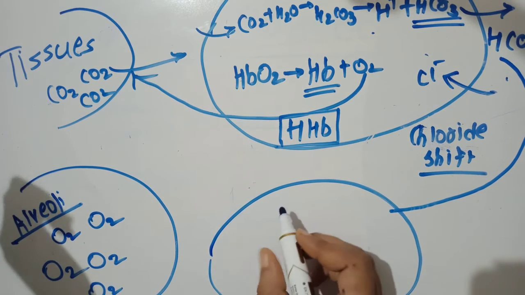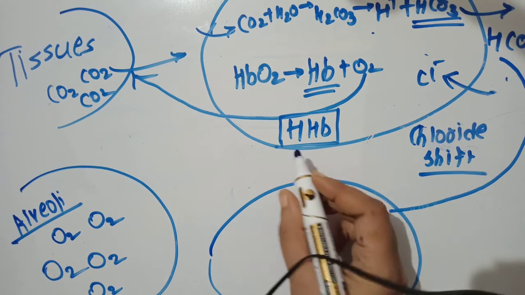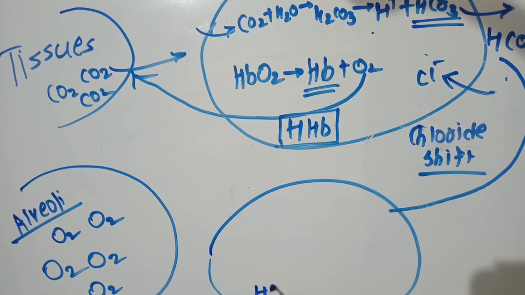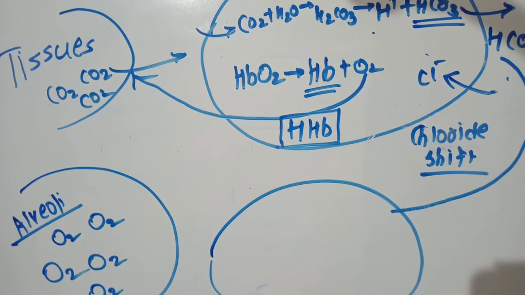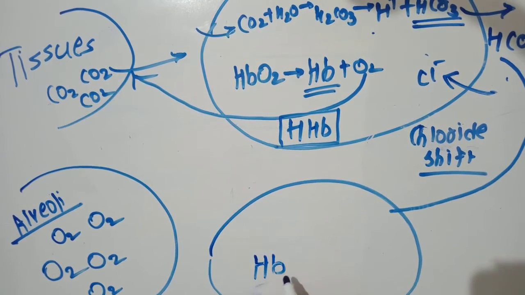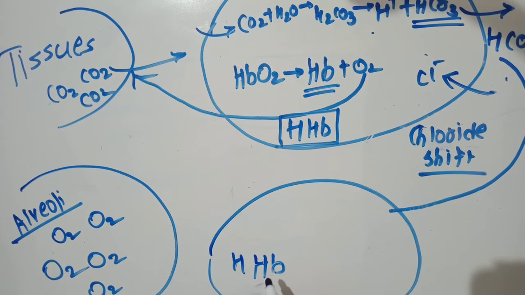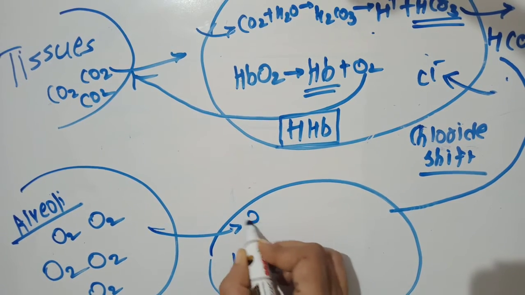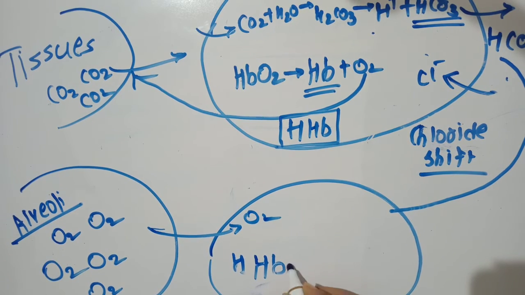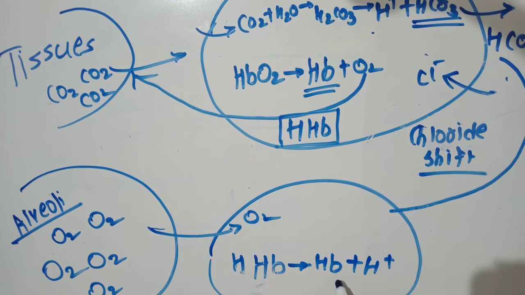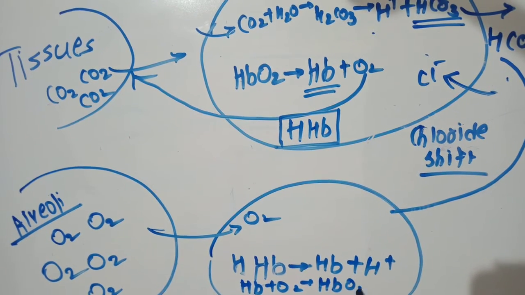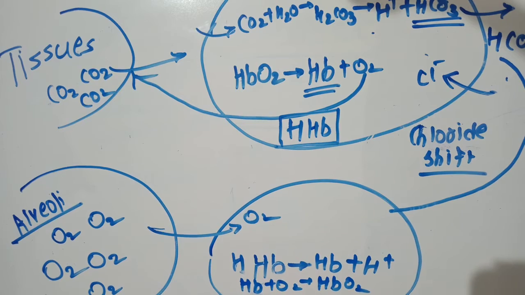In the previous case, the hemoglobin bound with hydrogen. Now once the partial pressure of O2 is high here, the hemoglobin will be dissociated from hydrogen, and hemoglobin will then bind with oxygen. So HbO2 is formed here, clear.